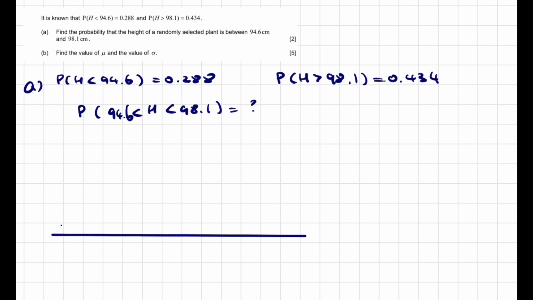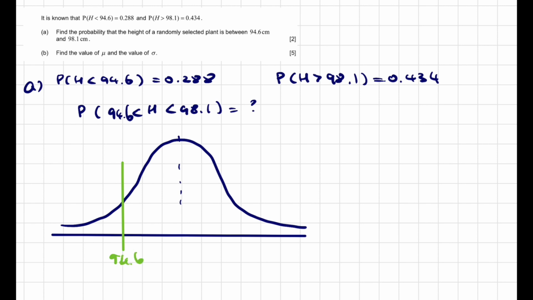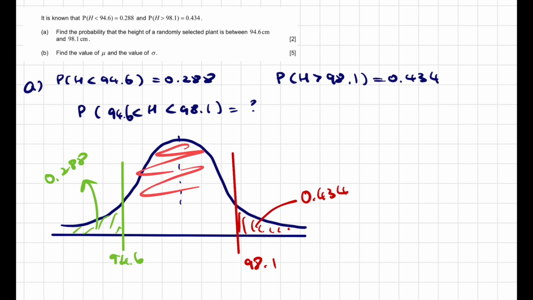I'm going to say this is the mean, or we can just say that this is the 94.6 mark, and this line here marks the 98.1. From the information we know that this part here is 0.434, and also this part here is 0.288, and we are trying to calculate this part here.